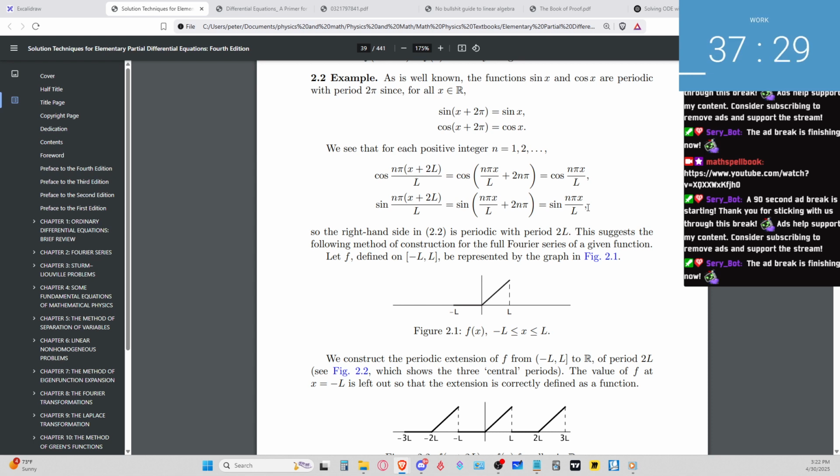Okay, so the right hand side of 2.2 is periodic with a period of 2L. This suggests the following method of construction for the full Fourier series of a given function f defined on minus L to positive L, represented by a graph.